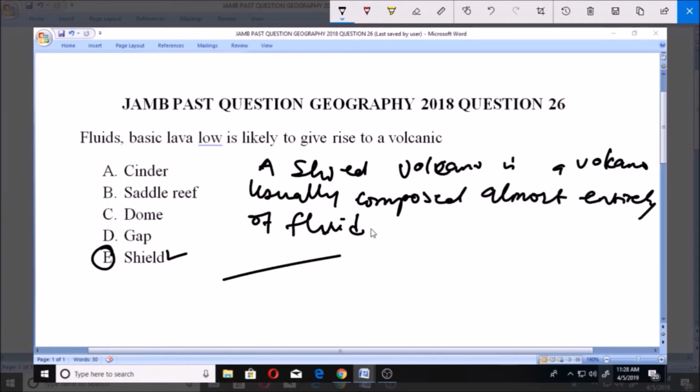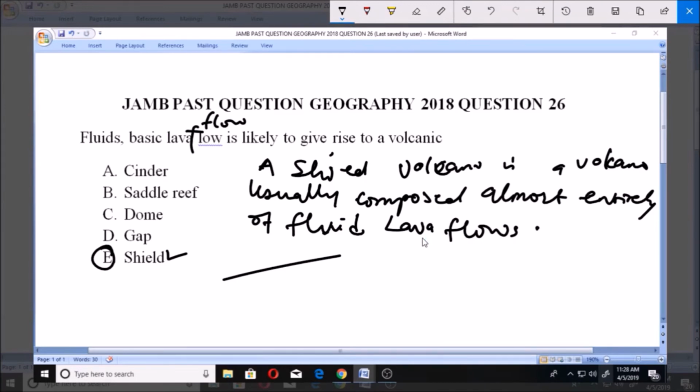So it is usually composed of fluid lava flows, and that is why, like I said, this is fluid or basic lava flow. So that is what a shield volcano is. A shield volcano is a volcano usually composed almost entirely of fluid lava flow.